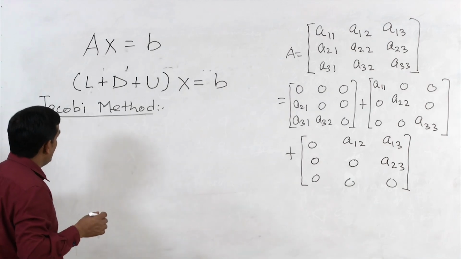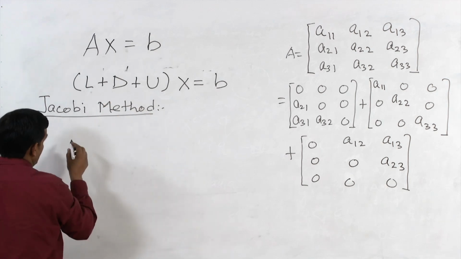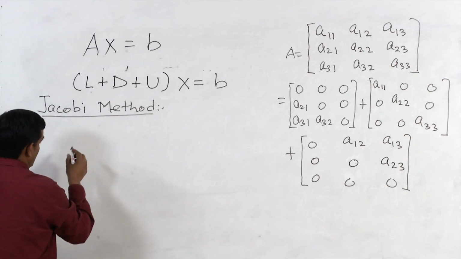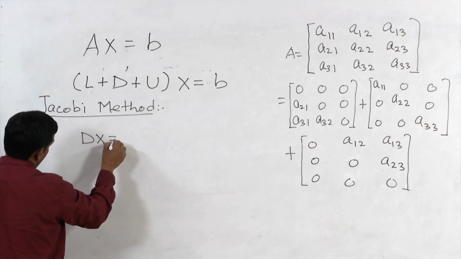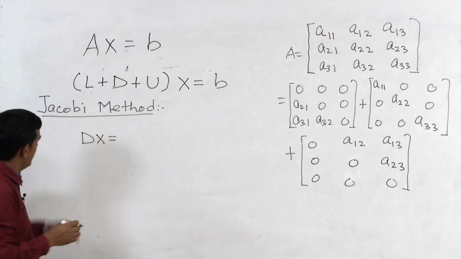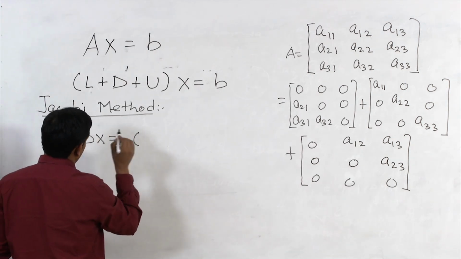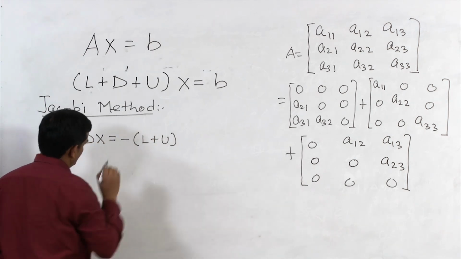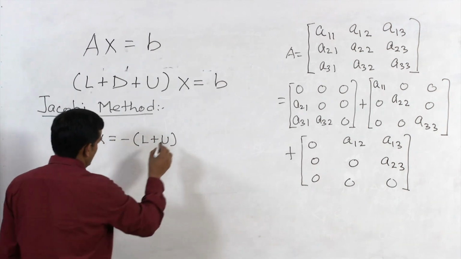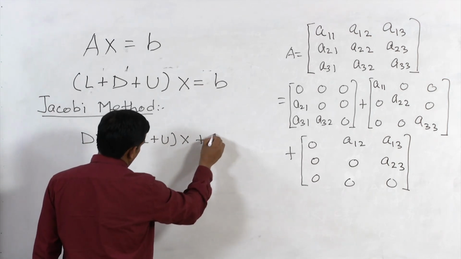In the Jacobi method, what we used to do? We used to write this system as Dx equals minus (L plus U) x plus b.